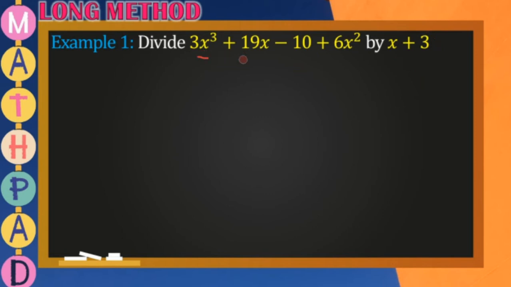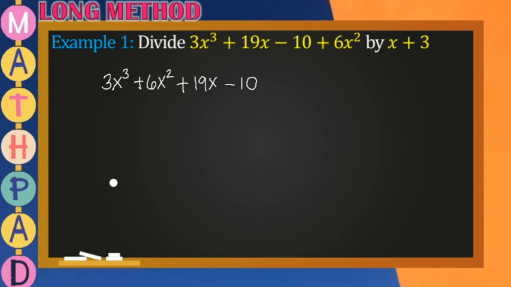In this case, our dividend is not yet written in standard form, so we have to arrange the terms first. The first should be 3x cubed, followed by 6x squared. Next is 19x, and lastly our constant.